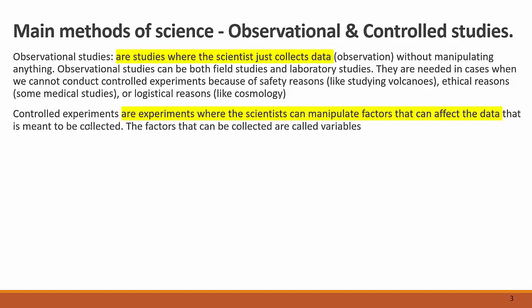Now, controlled experiments are experiments where the scientist can manipulate the factors that can affect the data. Here, the scientist can actually look at the experiment, try to study a particular outcome, and try to investigate everything that can affect that outcome, and can control how to investigate what's affecting that outcome.